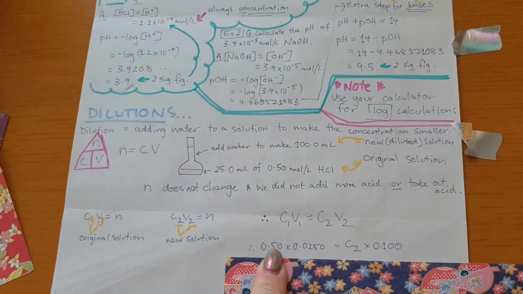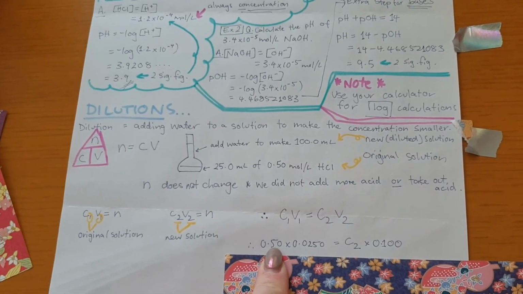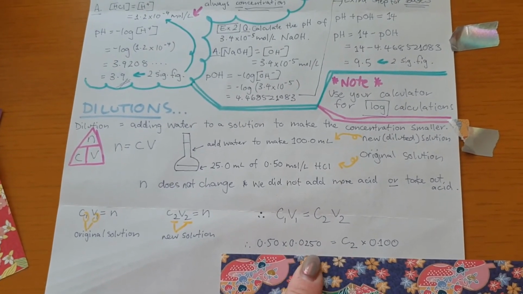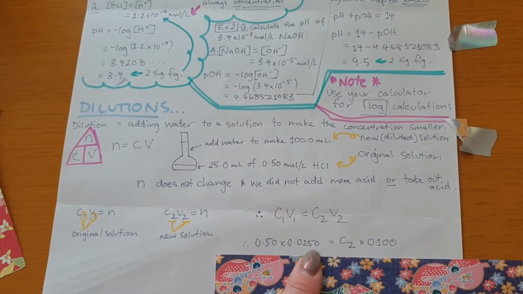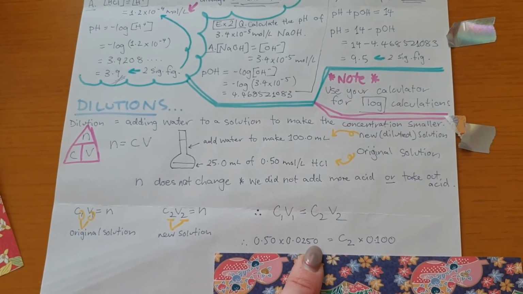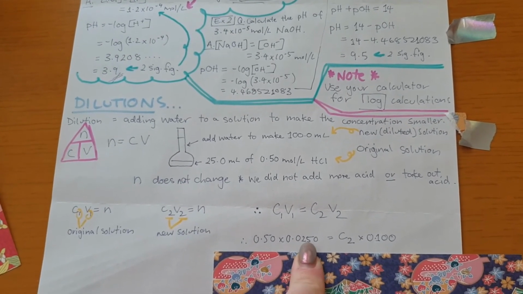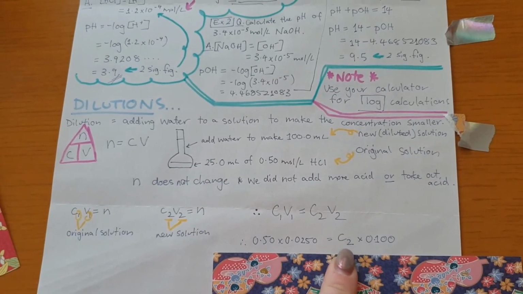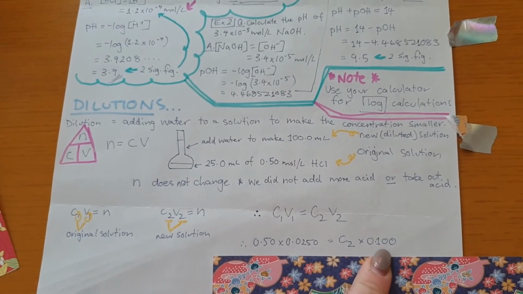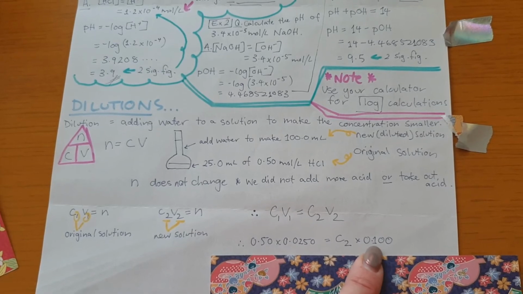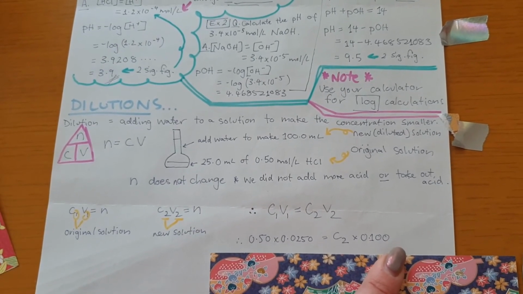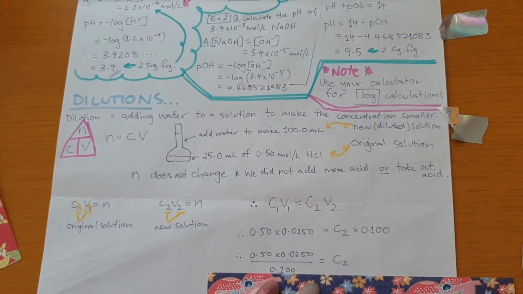Put our numbers in from up here. 0.50 moles per liter is the concentration from our original solution. And remember, we've got to put our milliliters into liters, so 0.0250, that's in liters, that's our volume. Now, we don't know our new concentration yet, but we do know the new volume, 0.100. Again, that's in liters. Let's rearrange this.